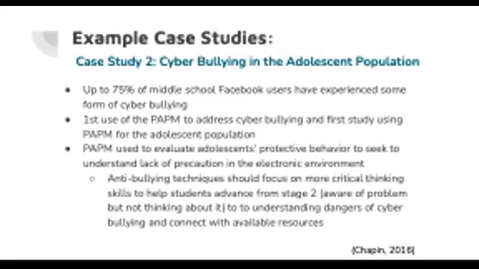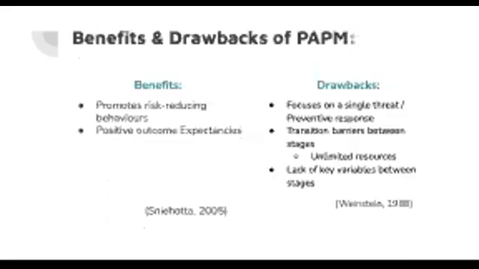This research tells us anti-bullying programs need to focus more on critical thinking to assist students in advancing from stage 2 to understand the evident dangers of cyberbullying and connect with resources in the community. Real-world example: the Crisis Center North prevention precaution education program integrated optimistic bias into their curriculum, and noted a short and long-term reduction in perceptual bias.